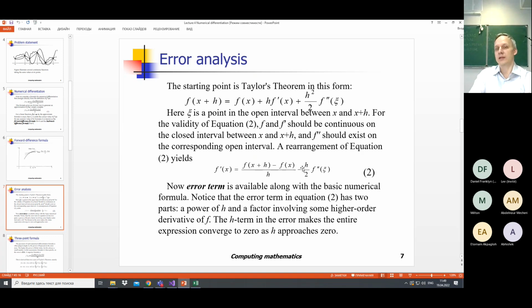We don't know the exact value of the point xi, but we know that xi is between x and x plus h.